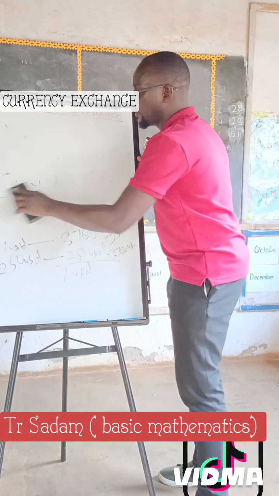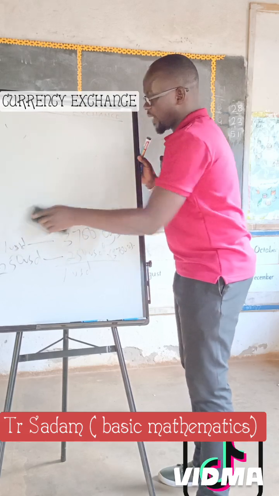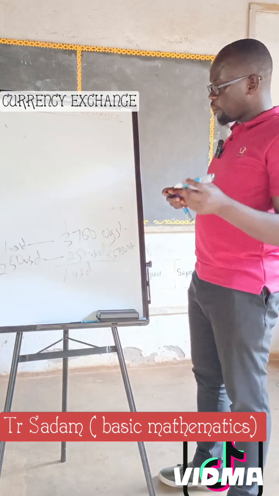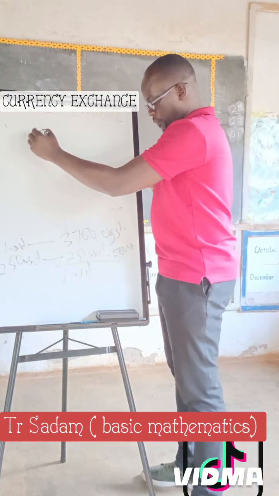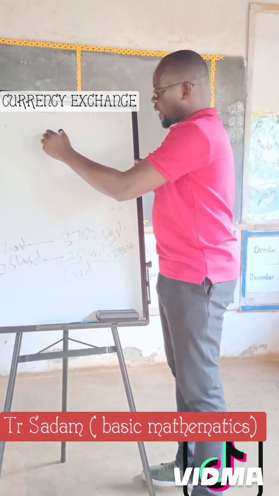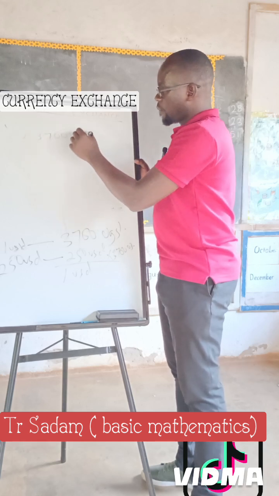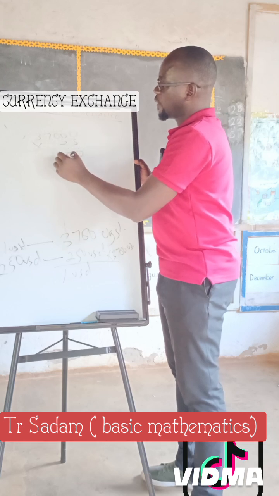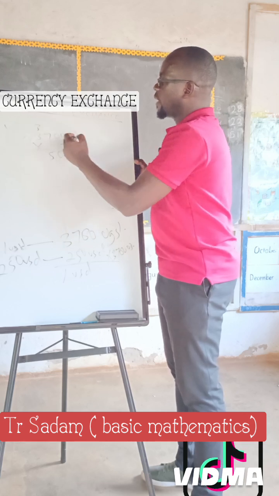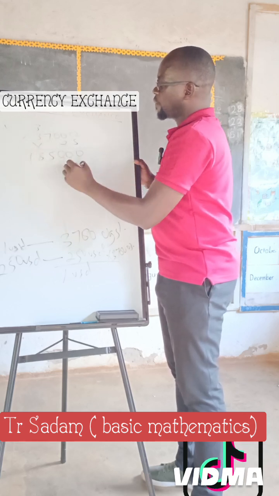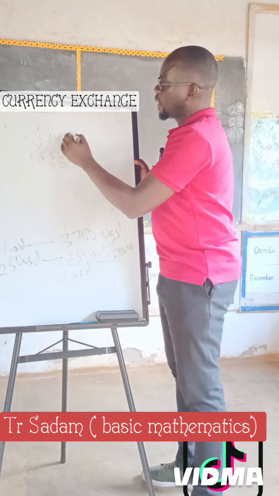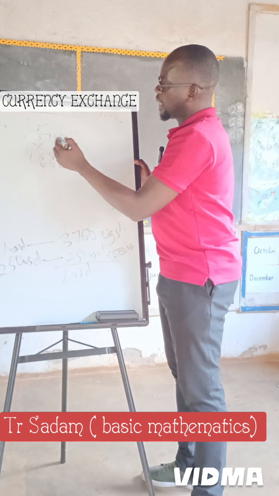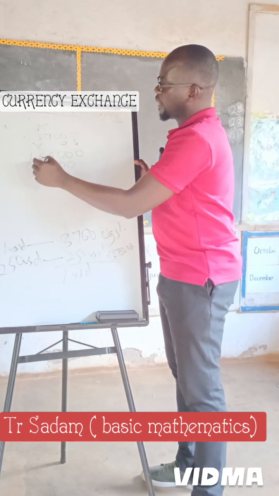and we want to change it into the local currency, meaning that the bank will buy from you, at that point we are going to multiply the 3,700. Then when you multiply, of course, here we have zeros, here 5 times 3 is 15, here is 18, here we have 0, 0, 0, this is 14, you write 4, you regroup 1, this is 6, and then 7.